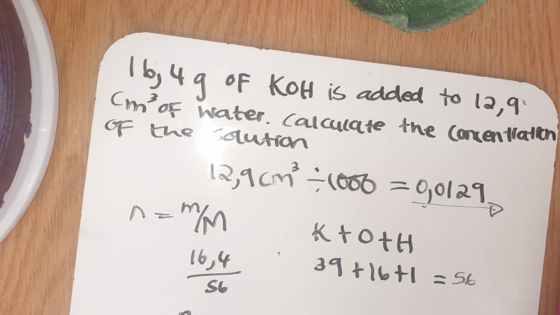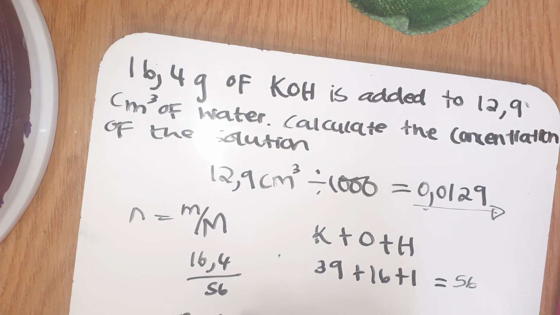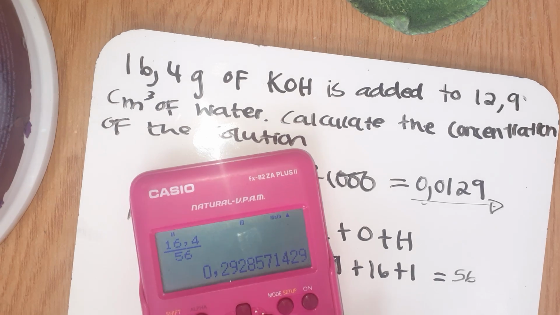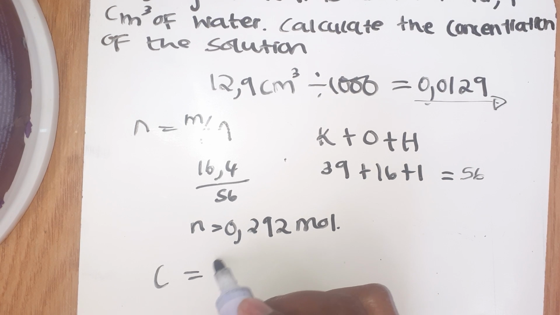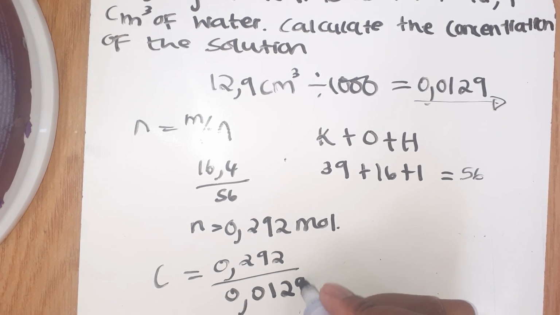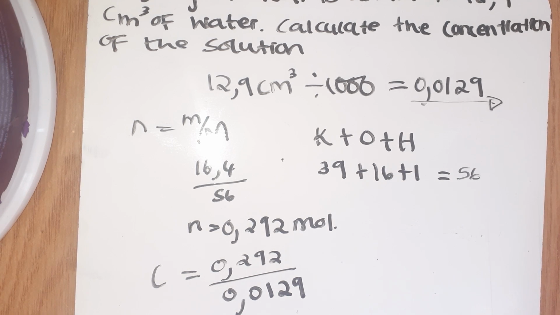16.4 over 56 will give us 0.292 mole. So we have concentration equals 0.292 all over 0.0129, and that is the converted volume.